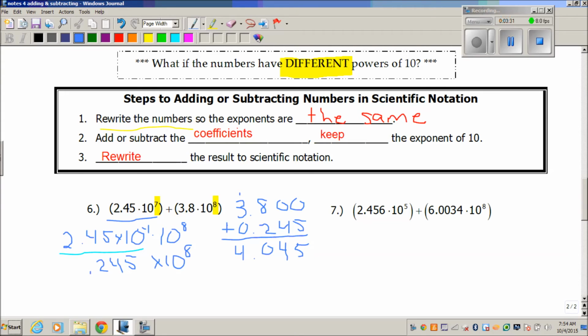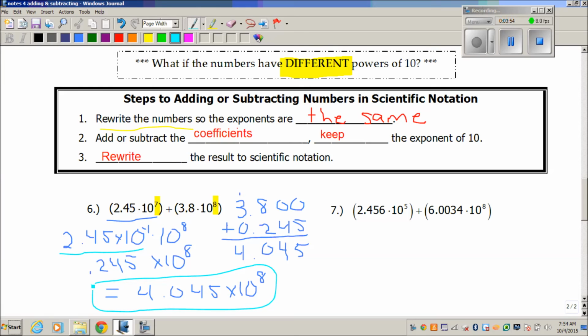So my final answer will be 4.045 times 10 to the 8th power. Because I simply add the coefficients and keep the same exponent of 10, just like we did on the front page. I add the coefficients together, same exponent of 10.